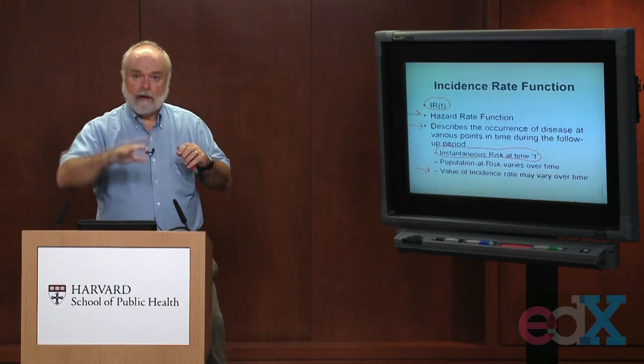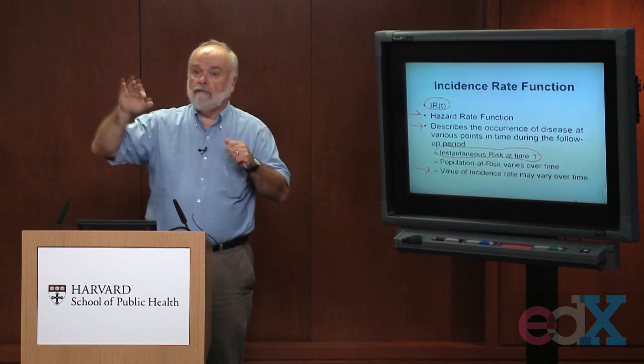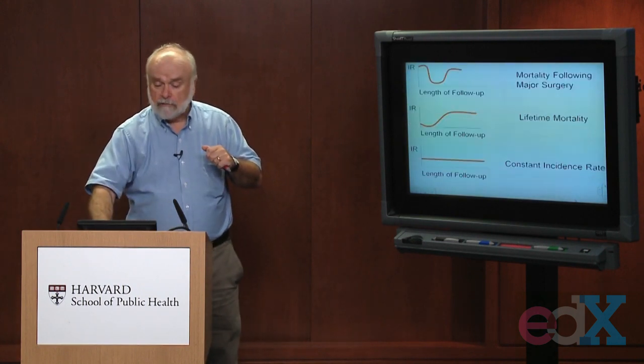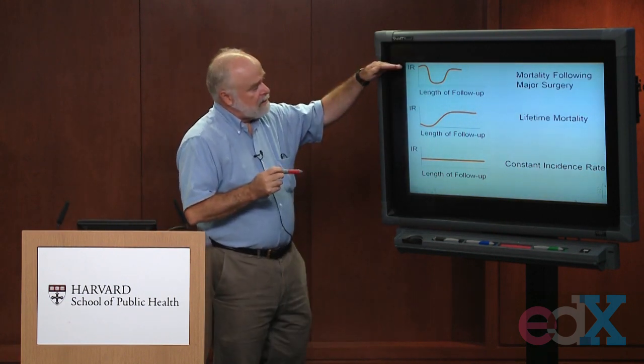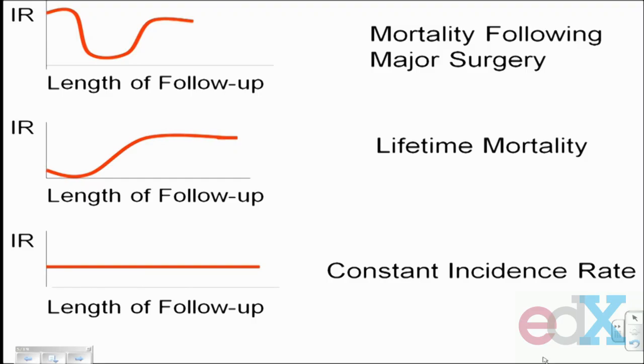So let me try to describe that notion of the incidence rate's value varying over time by giving you 3 examples. What I want you to do is to consider this graph and consider these 3 different pictures of 3 different incidence rate functions.